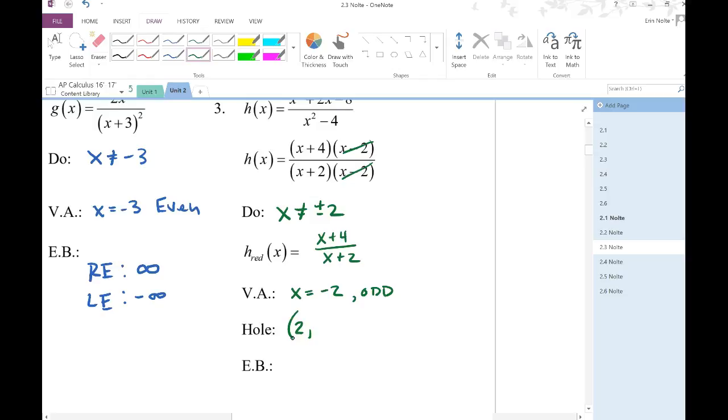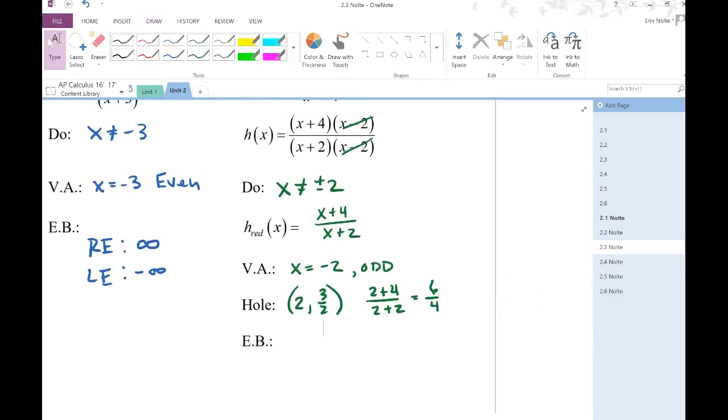All I have to do is plug it into my reduced function. So I can go 2 plus 4 over 2 plus 2, so 6 over 4. Anybody else notice that that's 3 halves? That's exactly where that hole would lie.